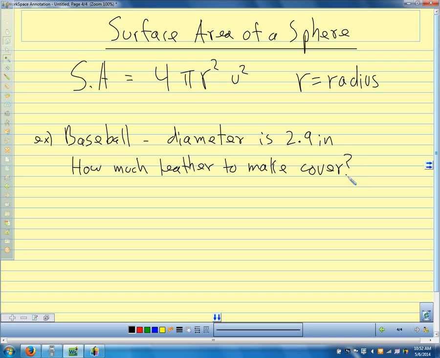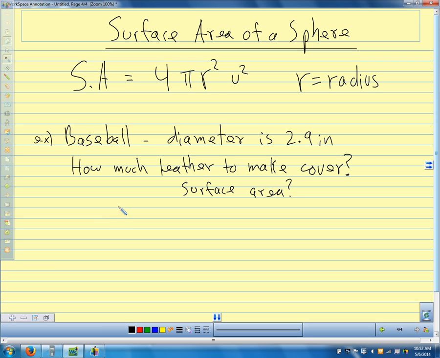So what is this question asking us? It's asking us what the surface area is, right? The leather, the cover is going around the outside. It's talking about the surface area. So this question is really saying, what is the surface area? So once we figure that out, we're in pretty good shape.